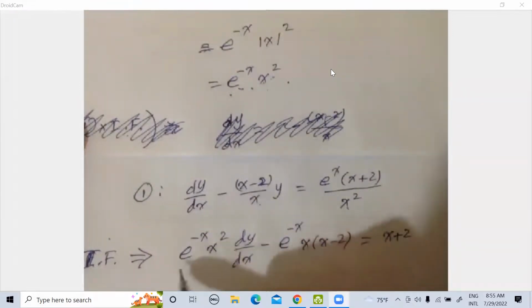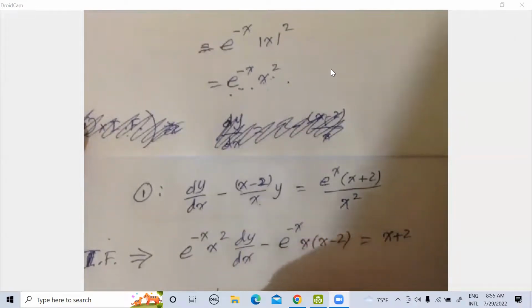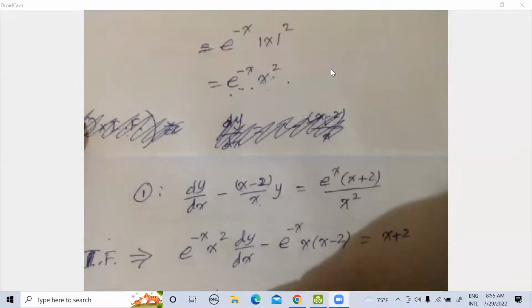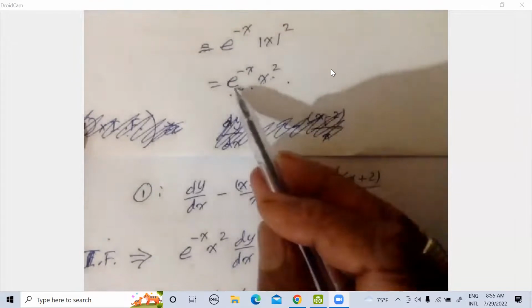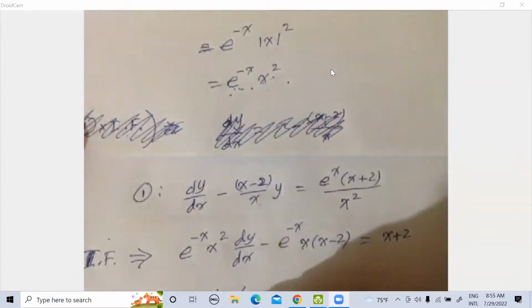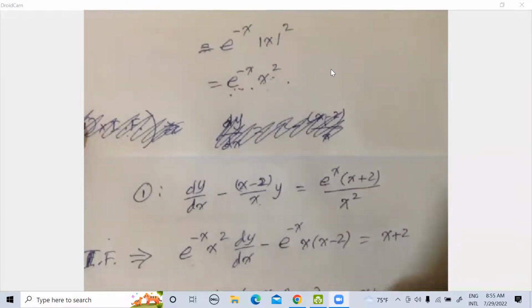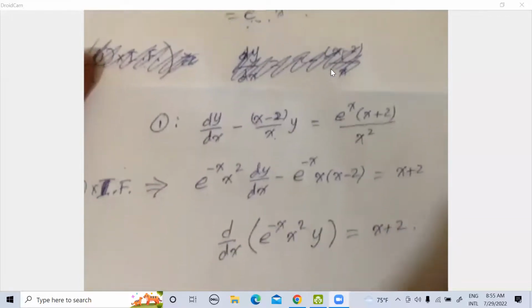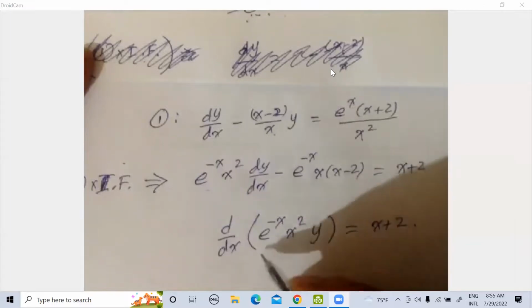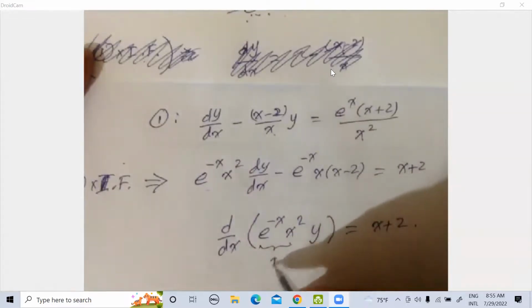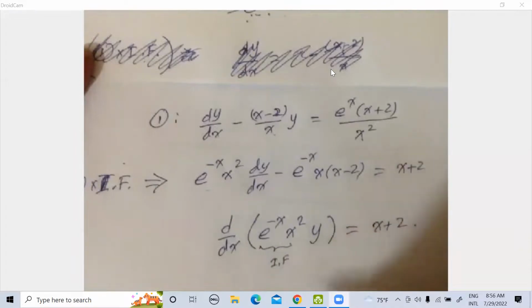So the left-hand side is d over dx of integrating factor times y. That is e to the minus x squared times y equals x plus 2. The left-hand side is always the derivative of integrating factor times y.